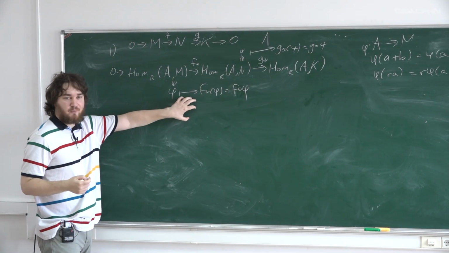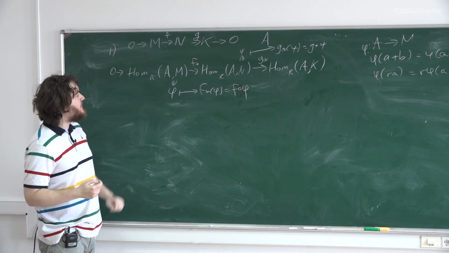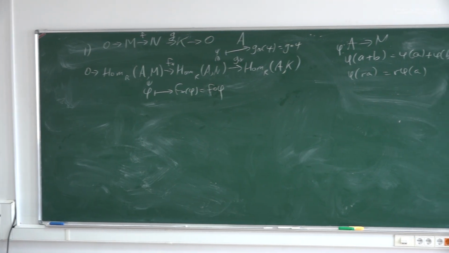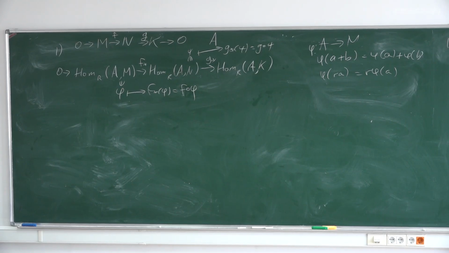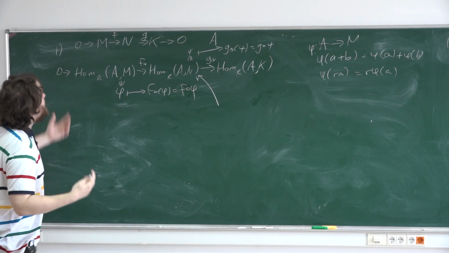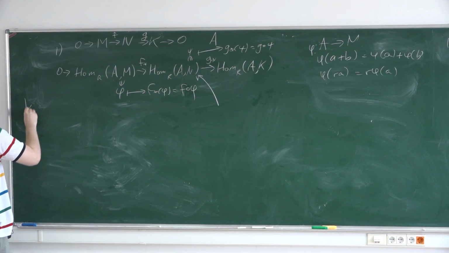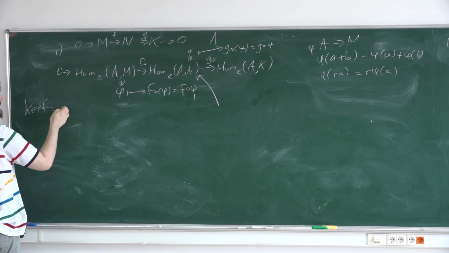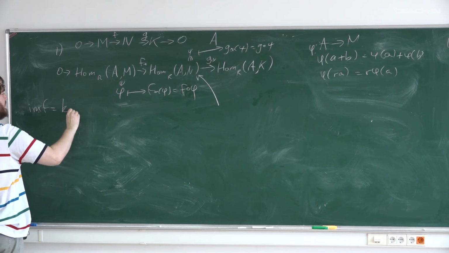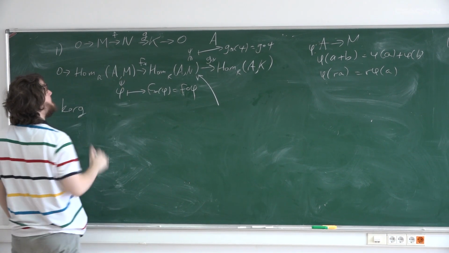It's obvious, okay? Maybe you did some of these exercises? Well, I tried. Also, we know that the image of F is the kernel of G, which is exactness of this sequence.